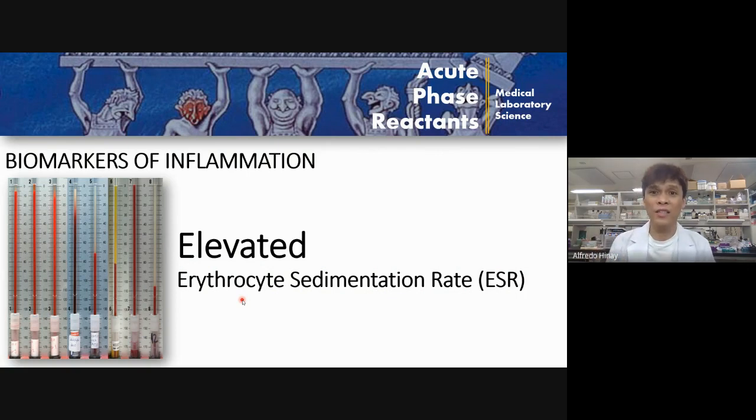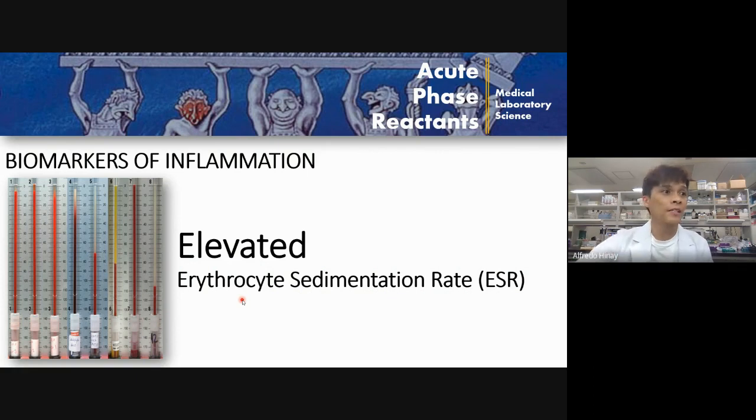If you're a medical technologist, you're going to perform this. If you're a physician in the future, you're going to request this. The main reason why we perform or request ESR for the patient is to determine if meron ba siyang active inflammation or chronic inflammation. Although your ESR is not specific, at least it can tell if there is active inflammation or not.